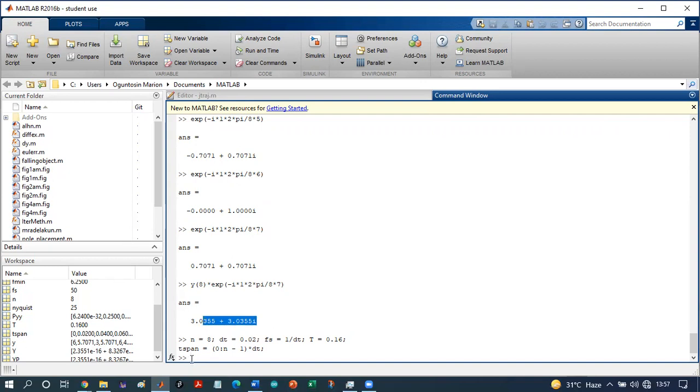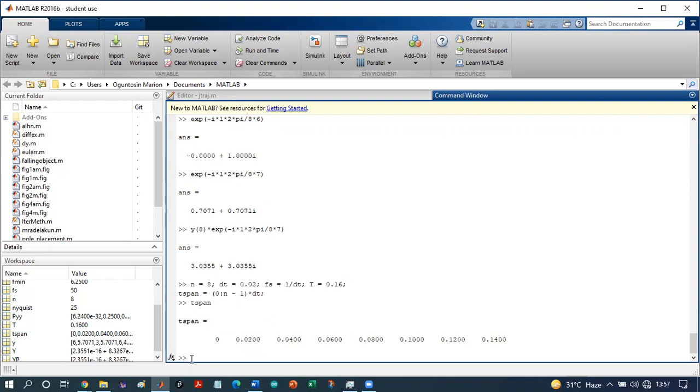So looking at this line, this span, this is the array. Like I said, you are starting from 0. So this means that you should start from 0. Then you should end at, remember that our n is equal to 8. So n minus 1 is 7 times t, that's 0.14.